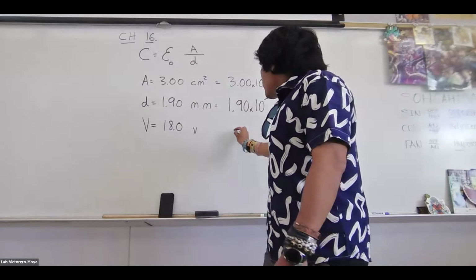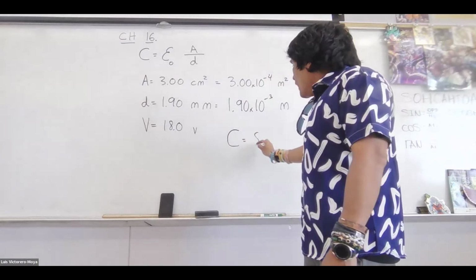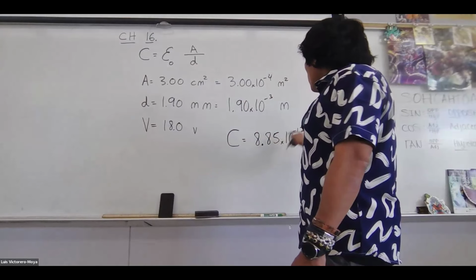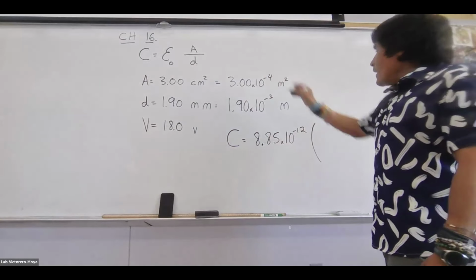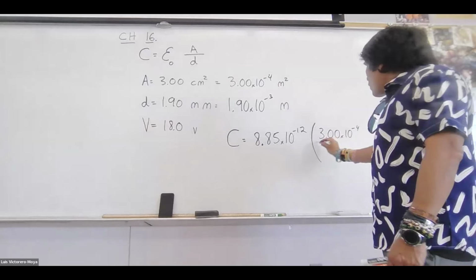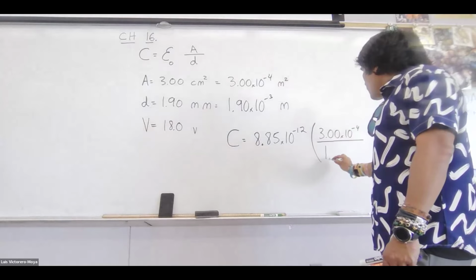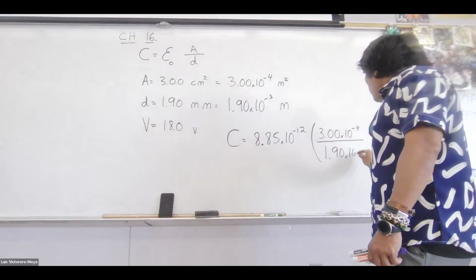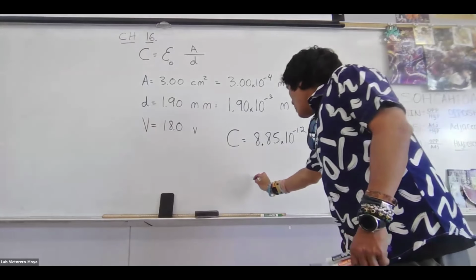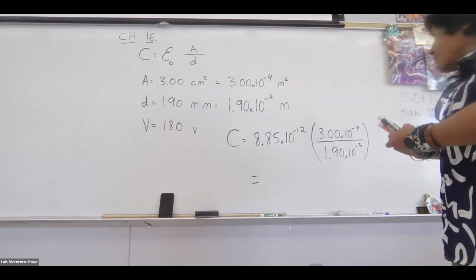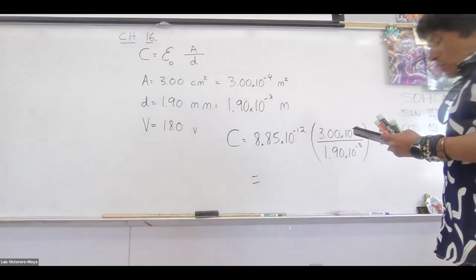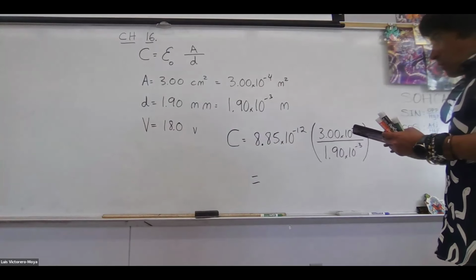So this capacitance is epsilon naught. What's epsilon naught? 8.85 times 10 to the negative 12. Epsilon naught, parenthesis, area over distance. 8.85 times 3 divided by 1.9.